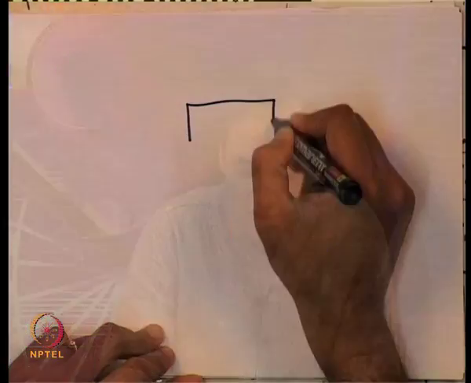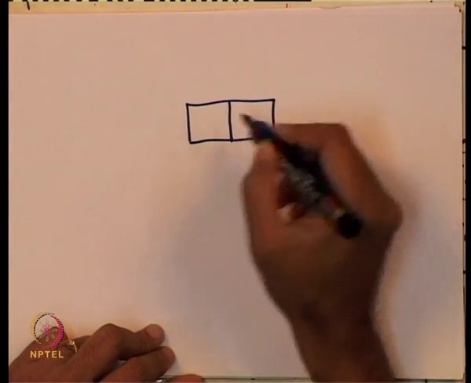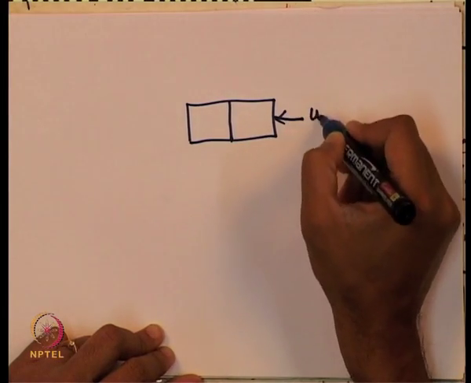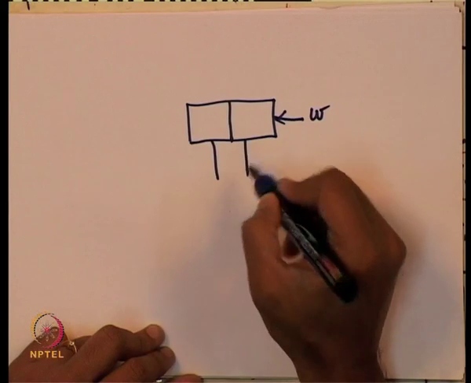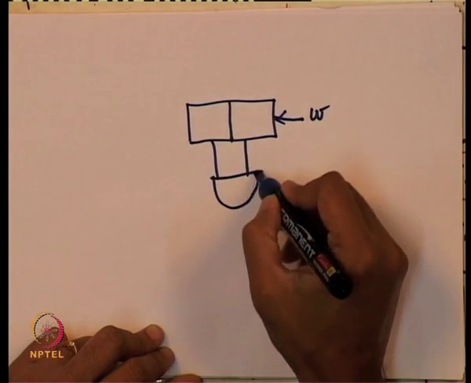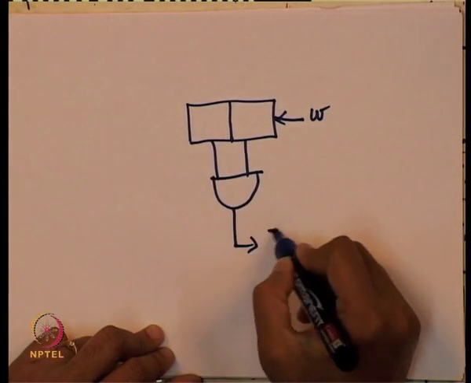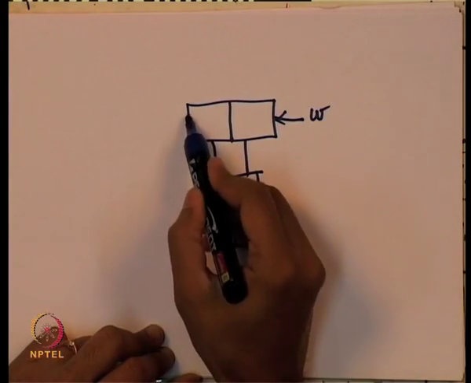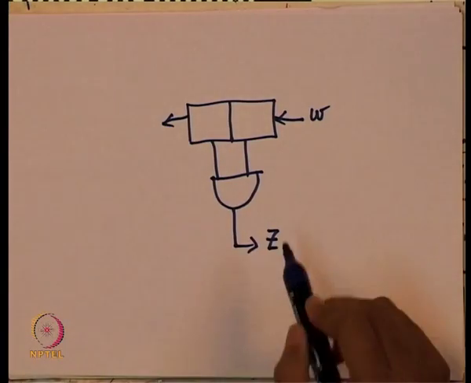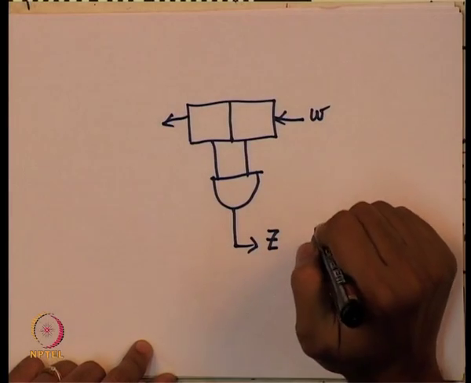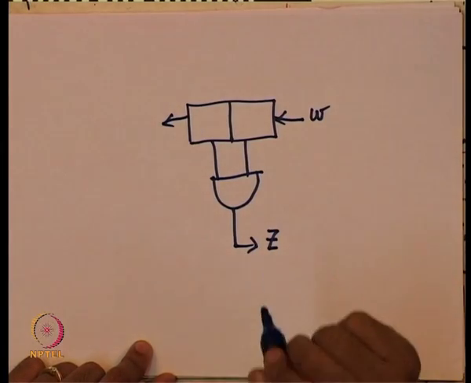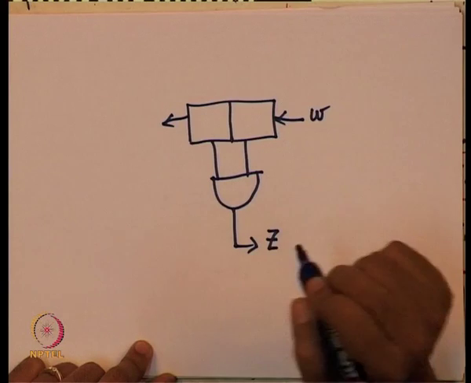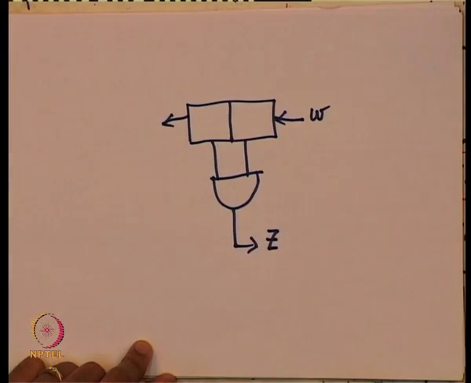This is the circuit that I gave, right. The input comes in from one side, and for detect 1 1 this is the circuit. What I would like you to do is draw the state table and the state diagram for this particular circuit.